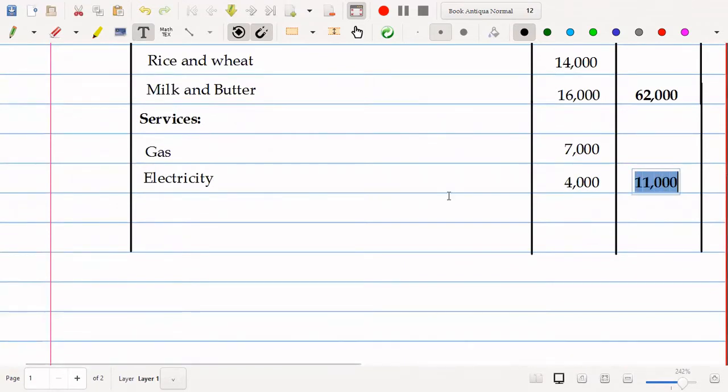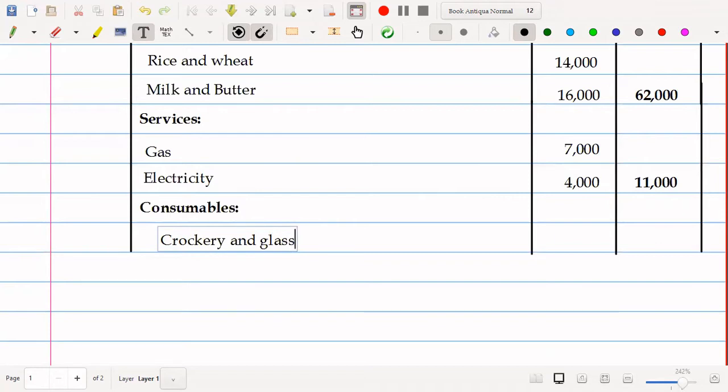Let's make it bold. And next, last one is consumables. What's given in the problem? Consumables, crockeries and glasswares. What's the amount given?